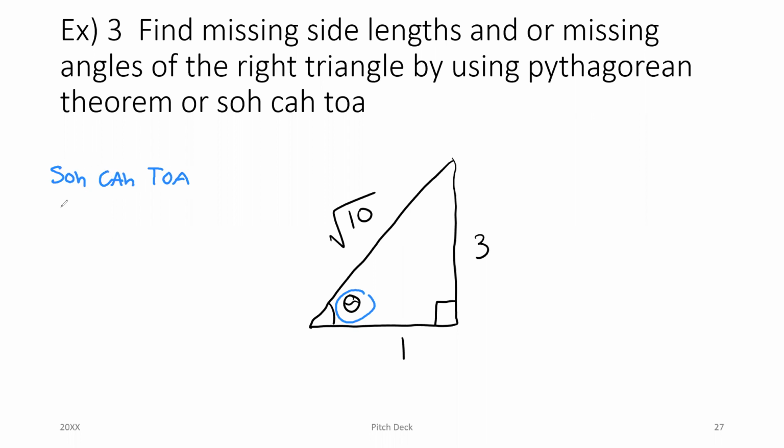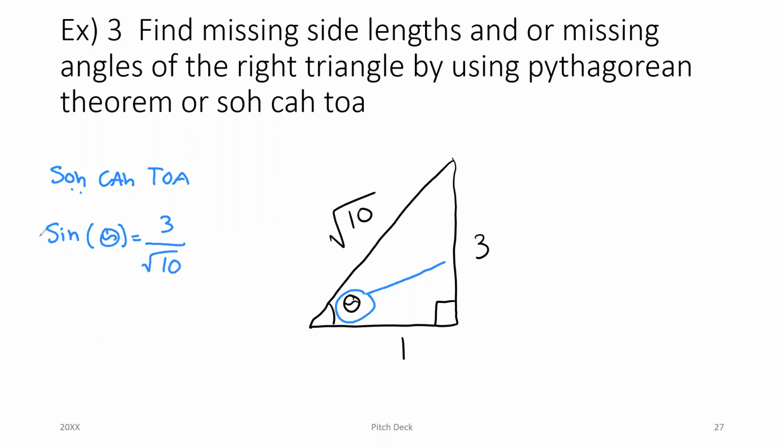I could do sine, cosine, or tangent. Let's just do sine. So sine of your angle, which is opposite over hypotenuse. So from this angle, the opposite side is 3, and then your hypotenuse is radical 10. You don't have to rationalize the denominator because you could just put it in the calculator.